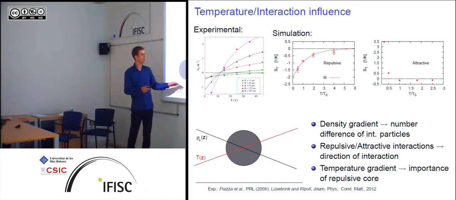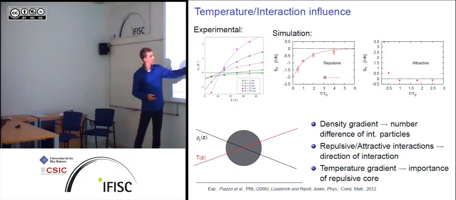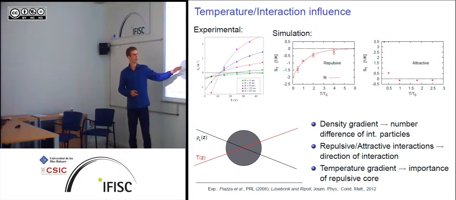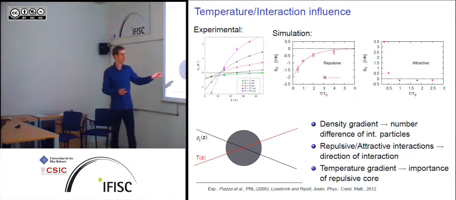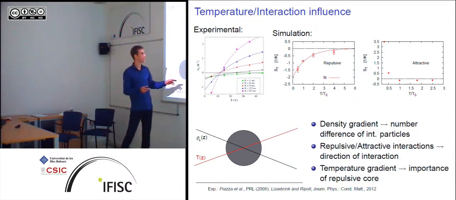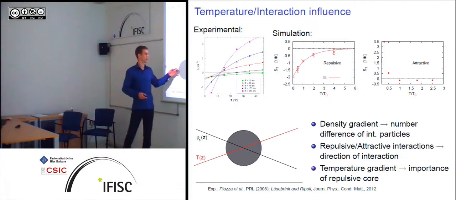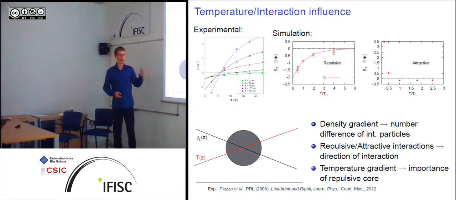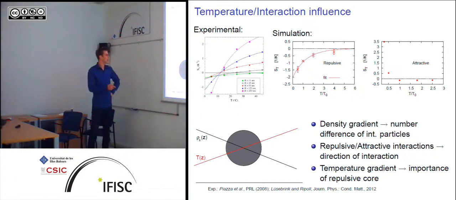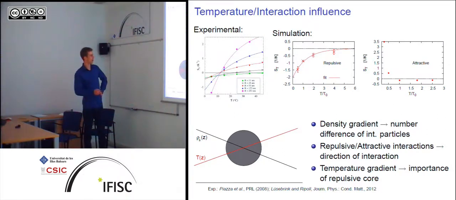But if you increase the temperature, this is where the repulsive part of the potential becomes more important. And then, if you increase the temperature, the colloids eventually start to drift also to the hot side of the system. But as a whole, you have an interplay of the density gradient and the temperature gradient.